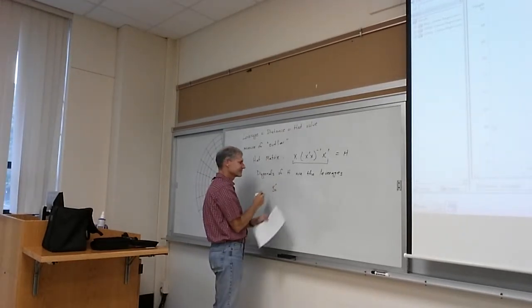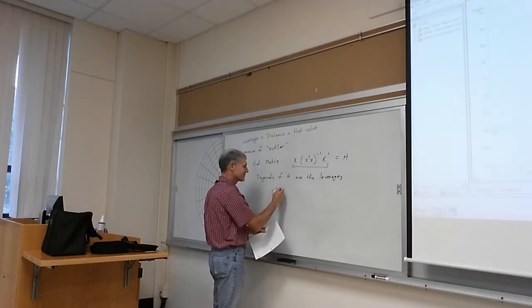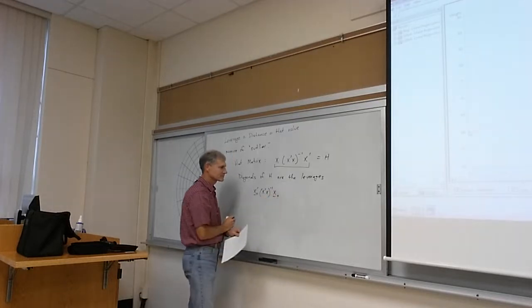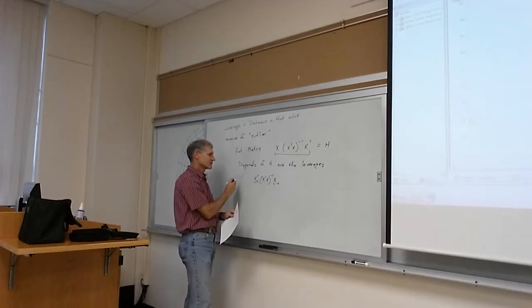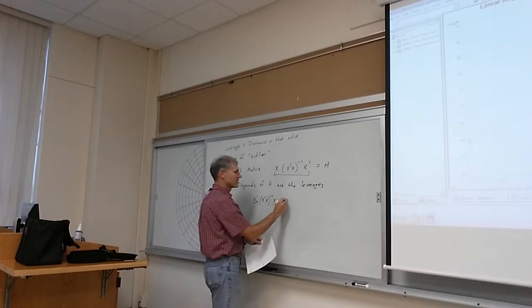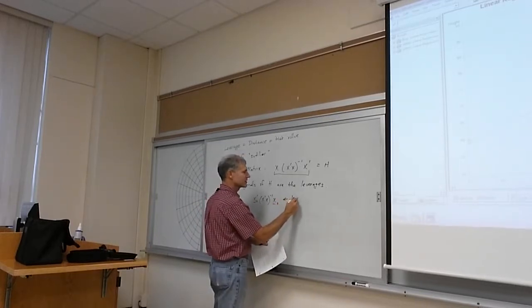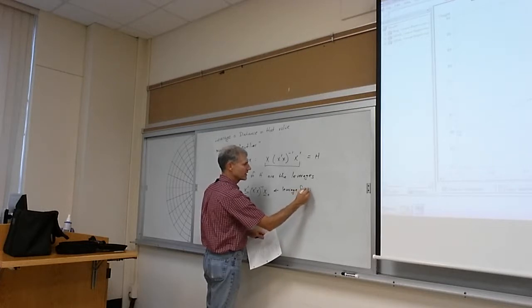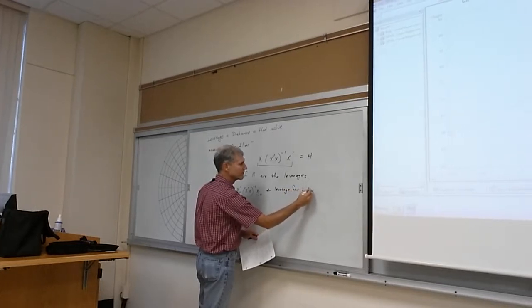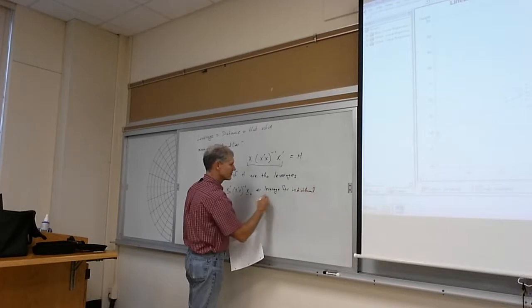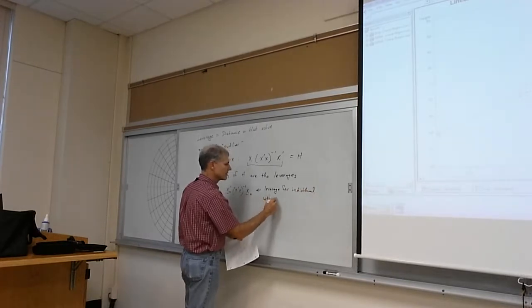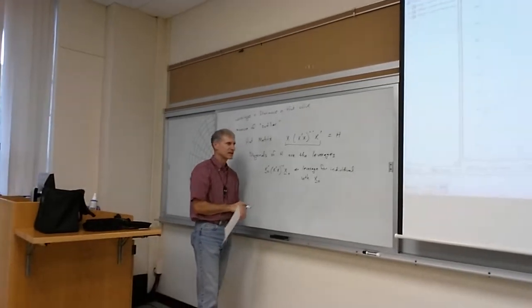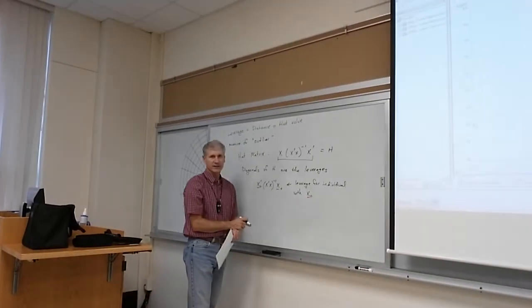But since I have it in my notes, we're okay. So this is the leverage for an individual with x values in that vector.